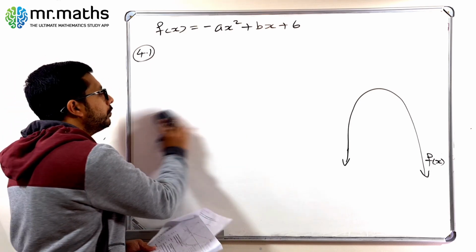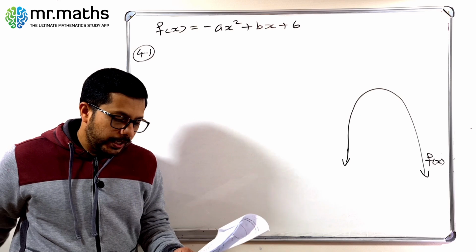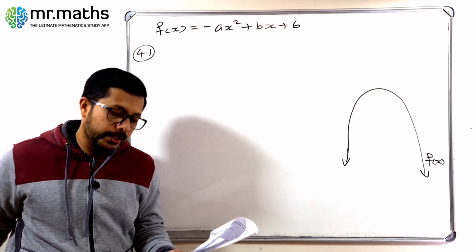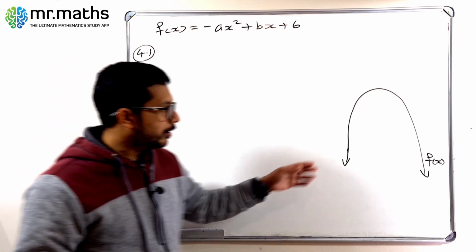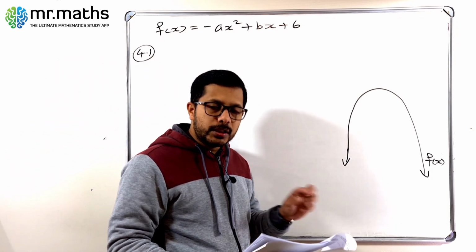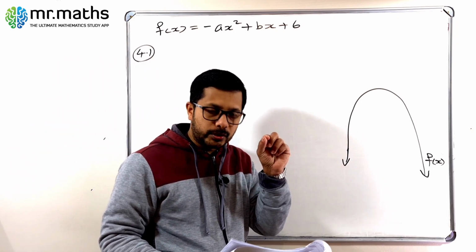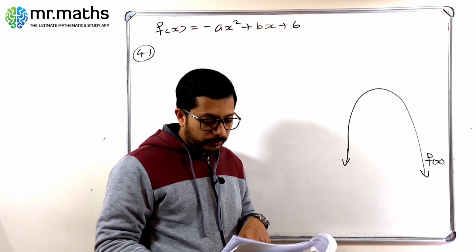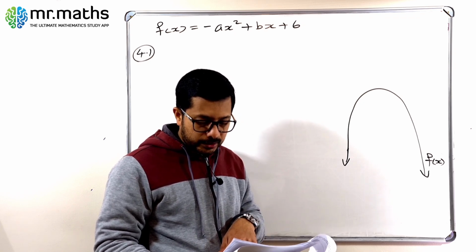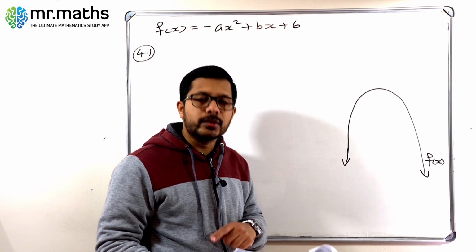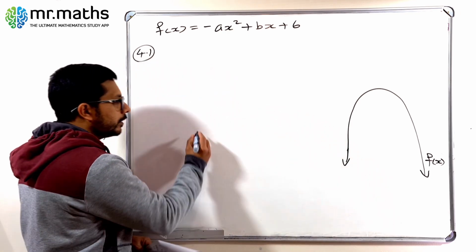Now what else? The gradient of the tangent to the graph of f. So there is a tangent passing through this graph. Tangent means touching only once. Am I right? The gradient of that tangent to the graph of f at the point minus 1 comma 7 over 2 is 3. What is the gradient?